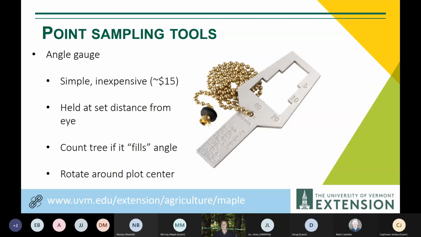So that's measuring diameter. You also have point sampling tools and plot sampling tools. An angle gauge is an inexpensive way of point sampling, and you basically look through that oddly shaped opening in the angle gauge, and you look to see whether or not the tree in question fills that space, that little void, or not.